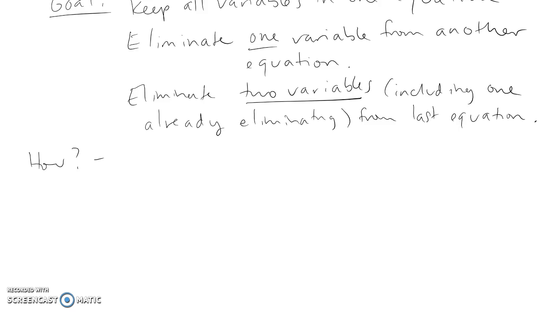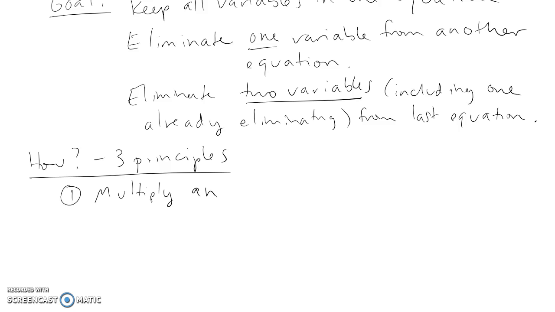Well, we're going to use three principles, and these principles come to us from the properties of equality. First, we are going to multiply any equation by a non-zero constant on both sides.